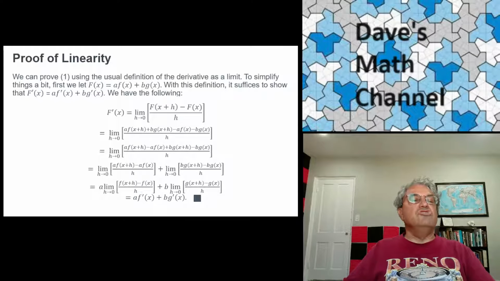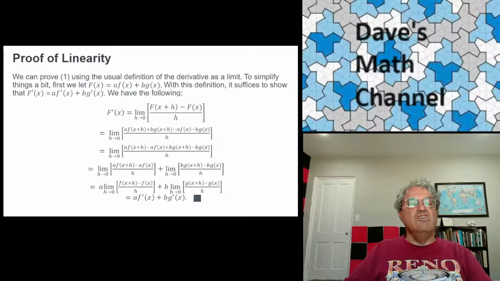And now in the third line, all I'm doing here is rearranging terms a little bit. Notice you can just switch the two terms in the middle. We're regrouping terms, basically. And I think you'll see why I'm doing this, because now we're getting something we can actually apply the definition of derivative to. So once we've done line 3, we can do line 4, which is just splitting up this limit of a sum of two terms into the sum of two limits.